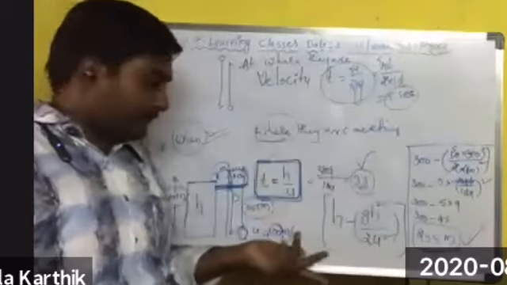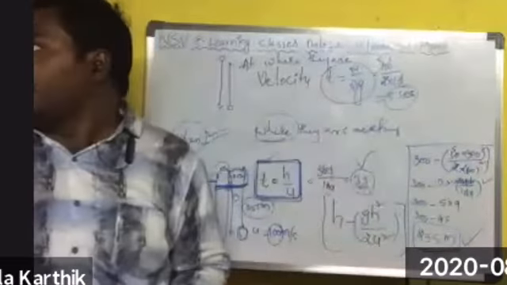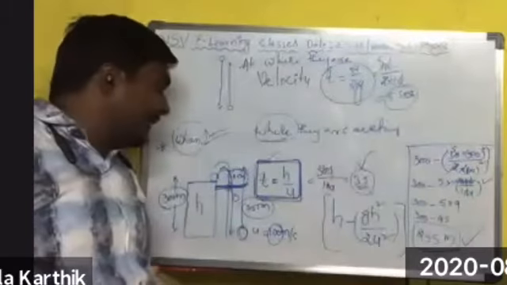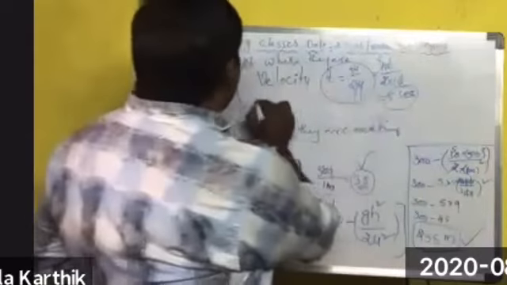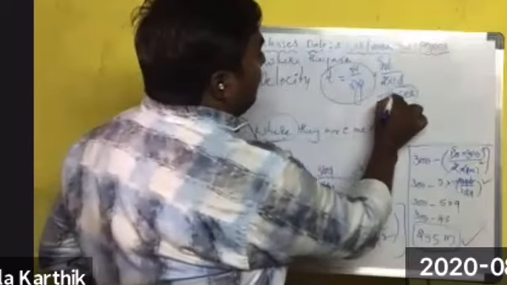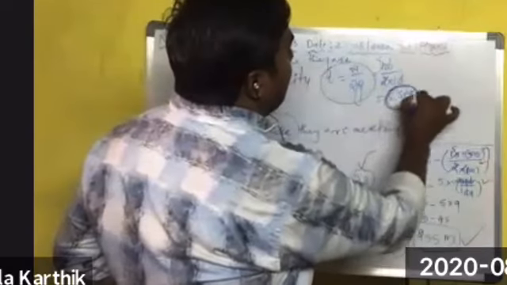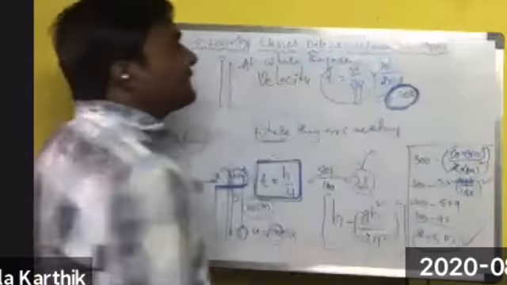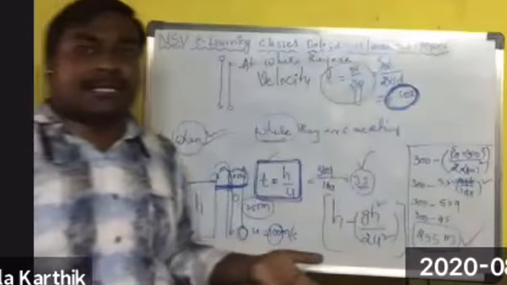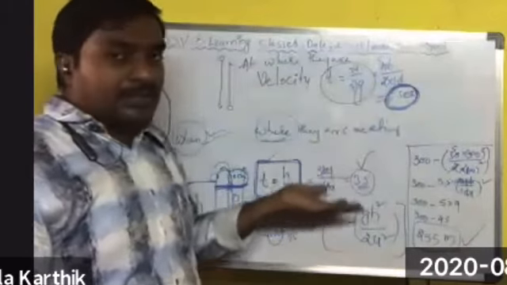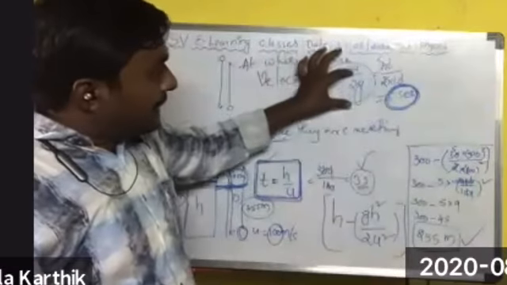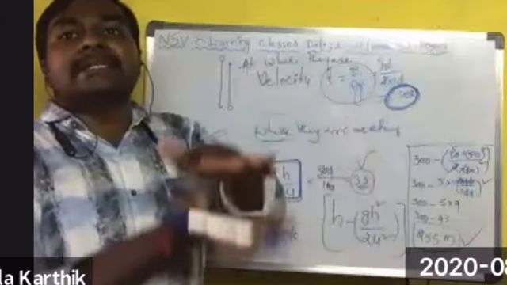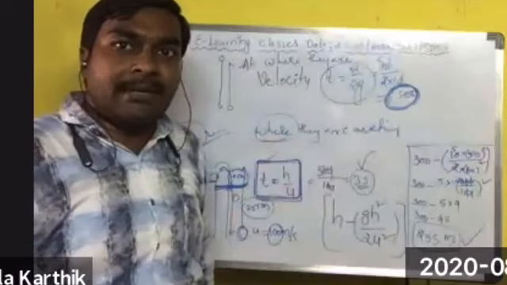After 5 seconds, one stone released from the top of a tower and one just thrown from the ground. So this is the velocity after 5 seconds from the start of the experiment. Just after 5 seconds, that means t equal to U by 2G, they are reaching the same velocity. Both are having the same velocity.